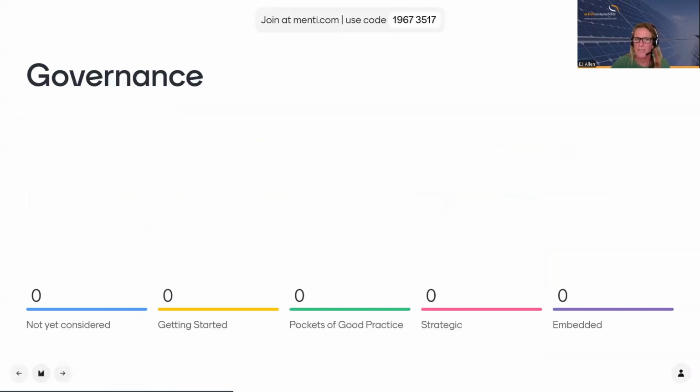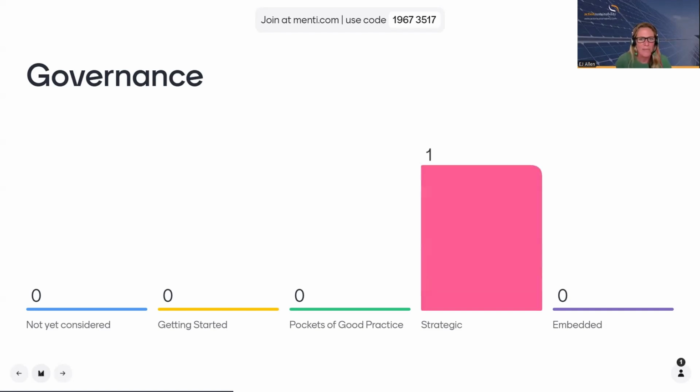Getting started. At getting started, I'd say top management have a basic understanding of some of the reasons why you need to combat slavery, but there's no real process in place that relates to this. At pockets of good practice, I would say your senior leaders, your top management have quite a good grasp of the business case to address modern slavery risks.